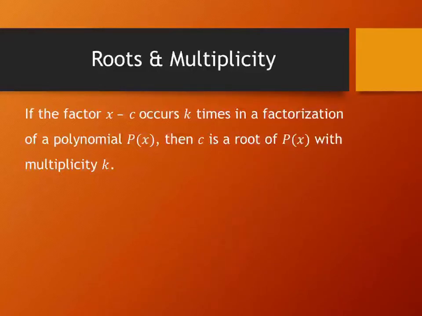I mentioned this last time when we were talking about the fact that if I have a degree 3 polynomial, I'll have 3 answers, but some of the answers might repeat themselves. That happens when I have exponents on those factors, okay?